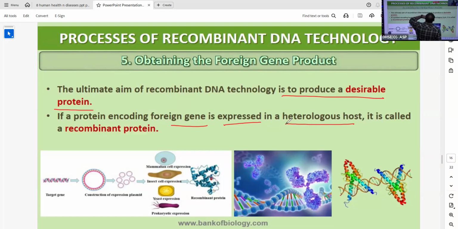We have obtained the protein from that particular host, and now we are looking at its extraction and removal. Okay? How?